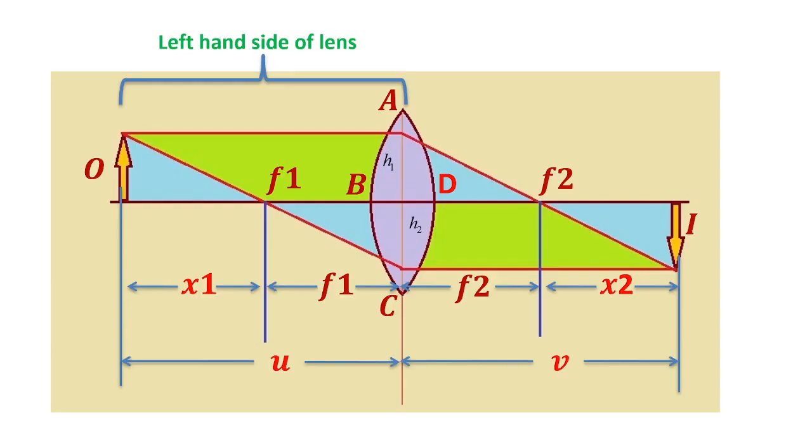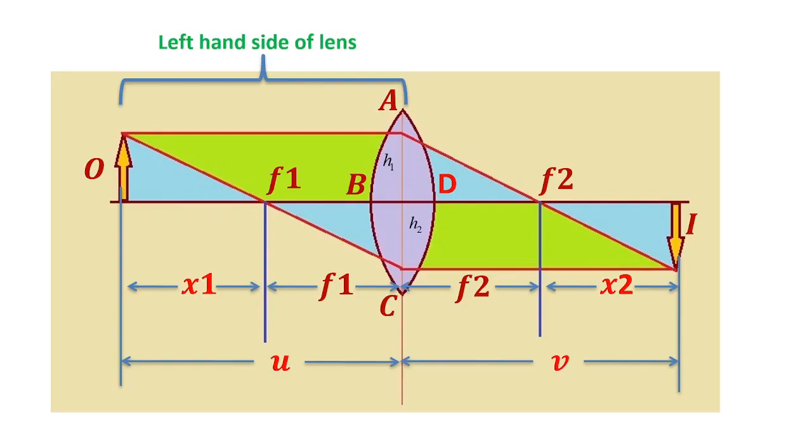We will see about Newton's lens equation. In case of Newton's lens equation, suppose there is a lens given in this ray diagram. ABC is one of the surfaces of the lens. ADC is another surface of the lens.